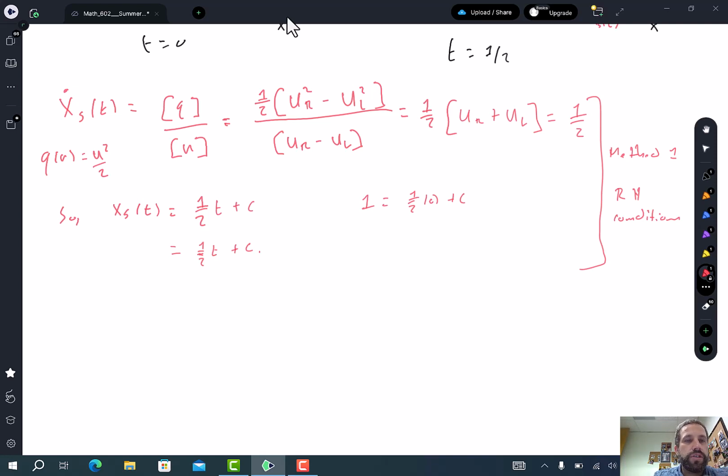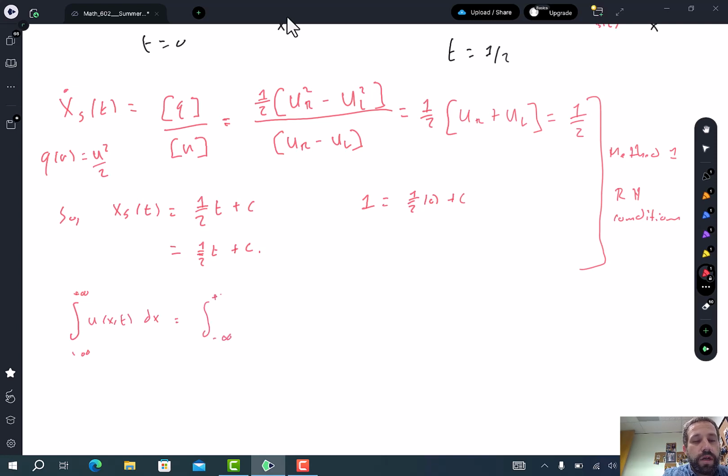So u is a conserved quantity, meaning for any time t, I know that the integral over the whole real line, we'll just say minus infinity to infinity, of u of x,t dx is constant.